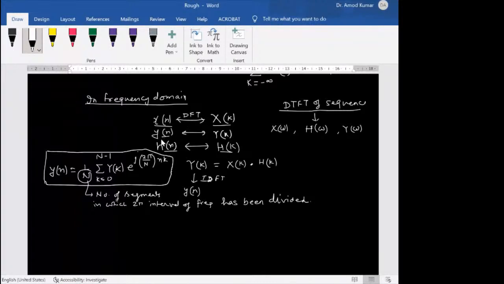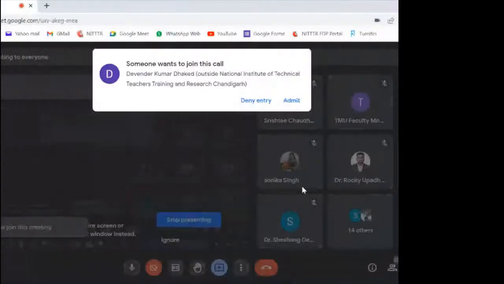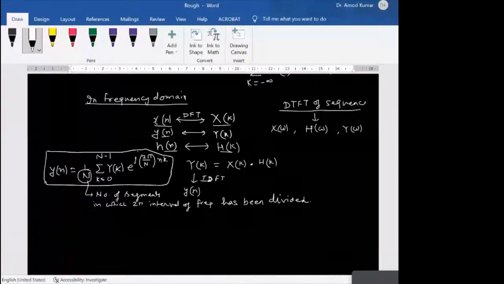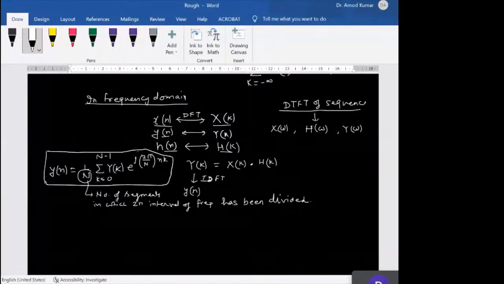Then if I take the discrete time Fourier transform of these sequences, they are denoted by X omega, H omega or Y omega correspondingly.